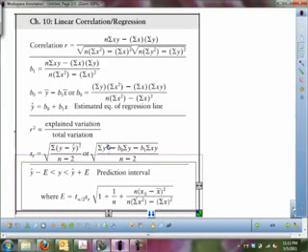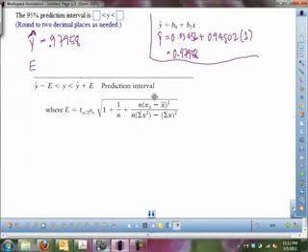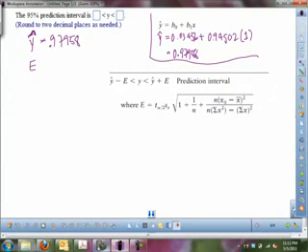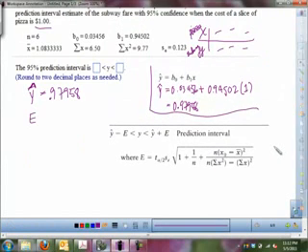So let's just copy that over and put that in our notes. To find our prediction interval, we need this formula. What we need is our t sub alpha over 2.